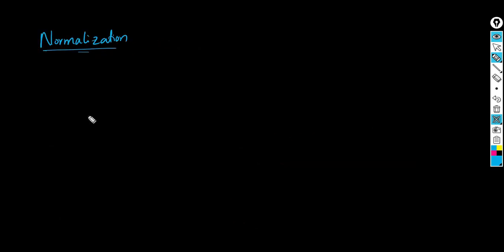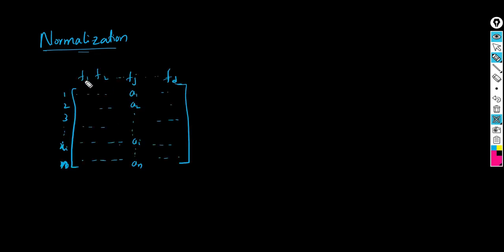We represent the data in matrix form. In the data we have the features f1, f2, and like this we have d number of features, that is d dimensional, and the number of points in the data, let's consider n points. Suppose we want to normalize the feature fj.